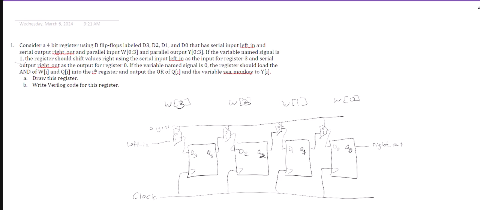And I want to take the AND of that with the Q value. So I'll have an AND gate for each one of these. So it'll be the AND of it and the Q, and that goes into the 0.